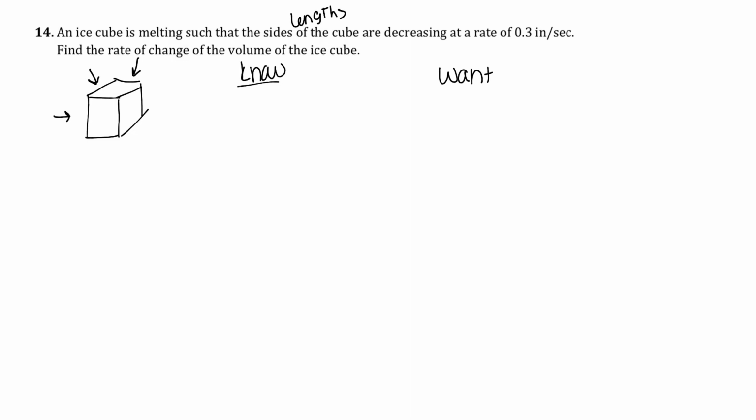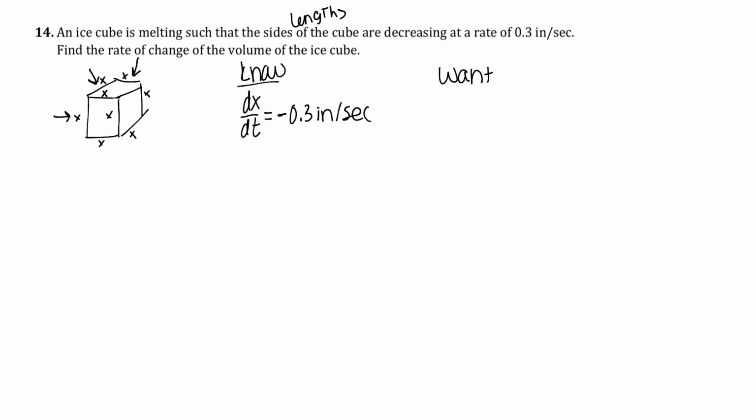So all of these sides have the same length. We can call it x. And we know that dx/dt, now it's decreasing, so it's negative 0.3 inches per second.